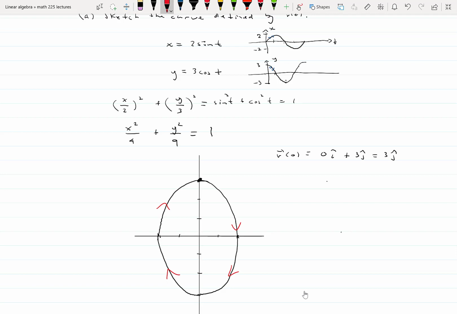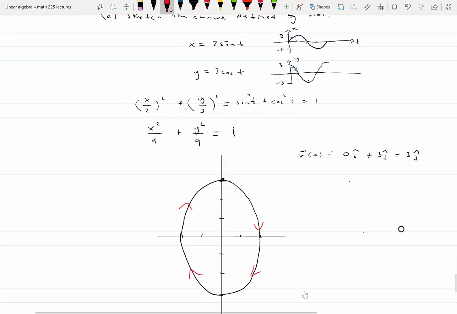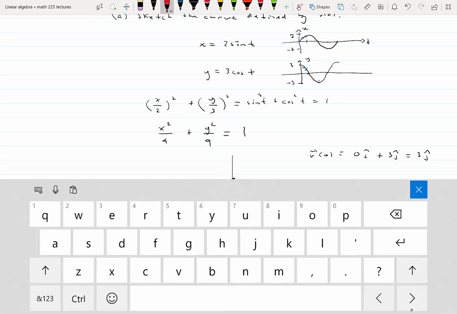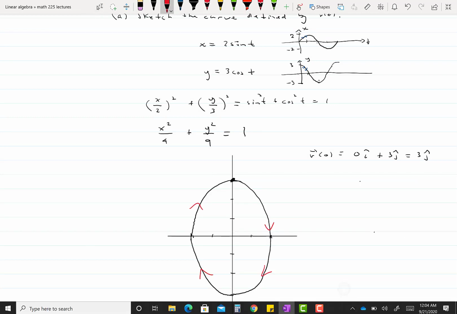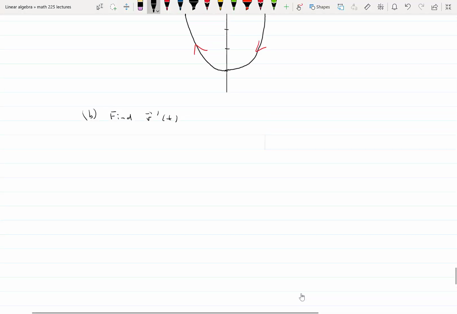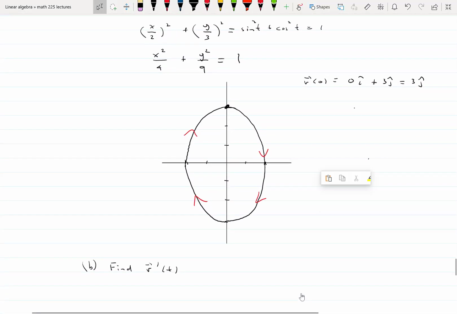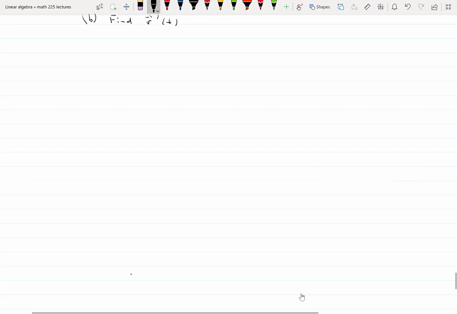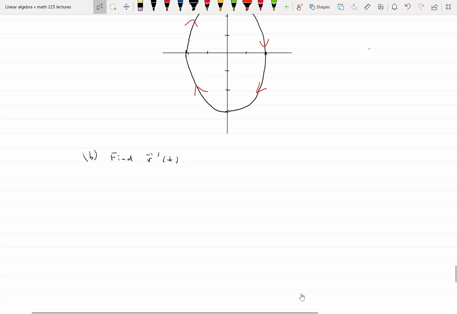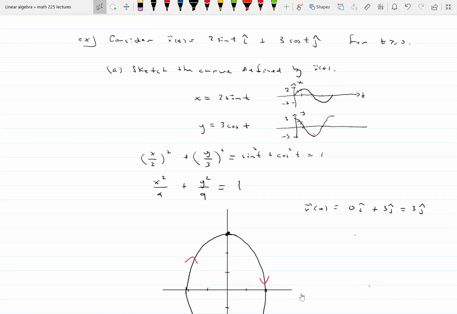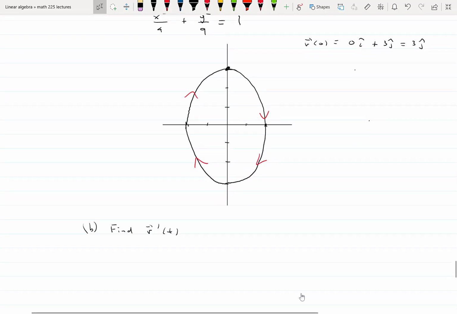Okay, so the next part of the problem. Find r prime of t. Sorry about that, the keyboard keeps popping up. R of t was 2 sine t i plus 3 cosine t j.